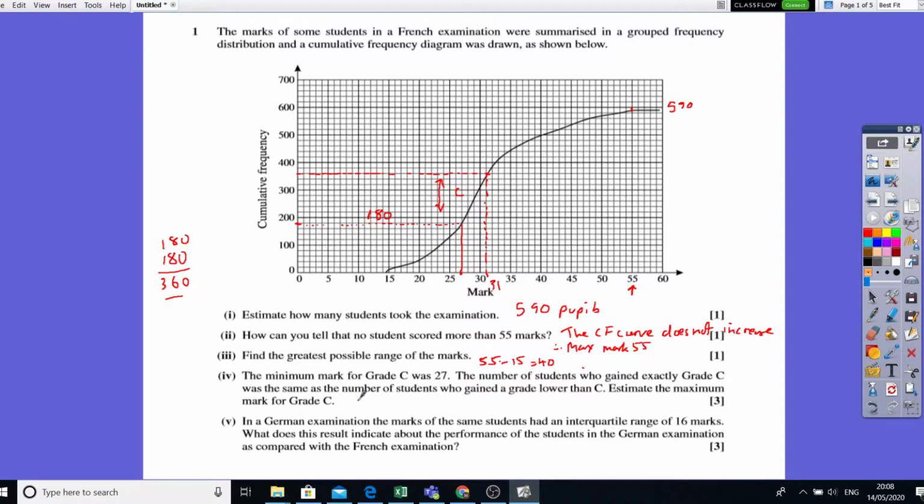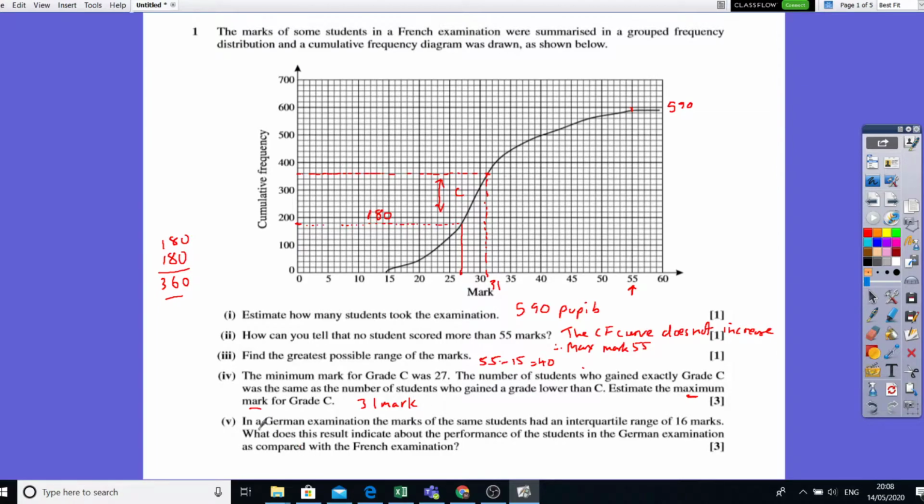So for here, we can say 31 marks is an estimate for the maximum marks for grade C. Okay, so from 27 to 31 marks.